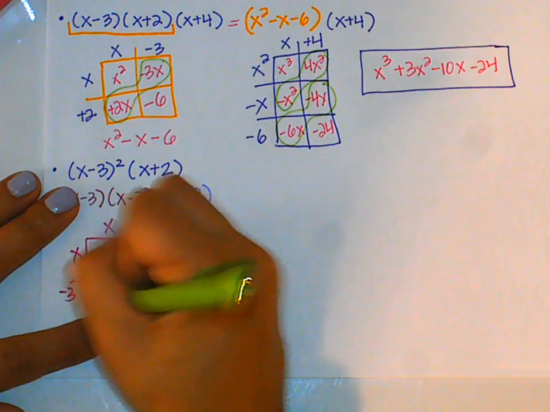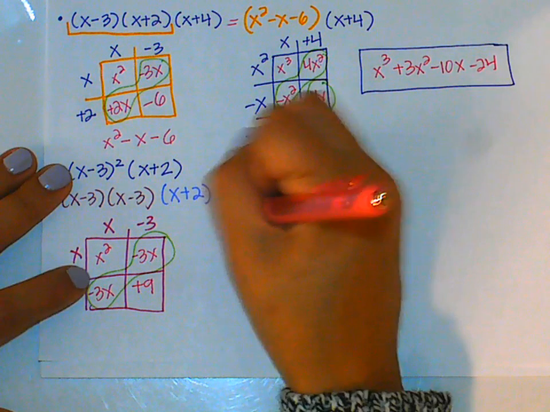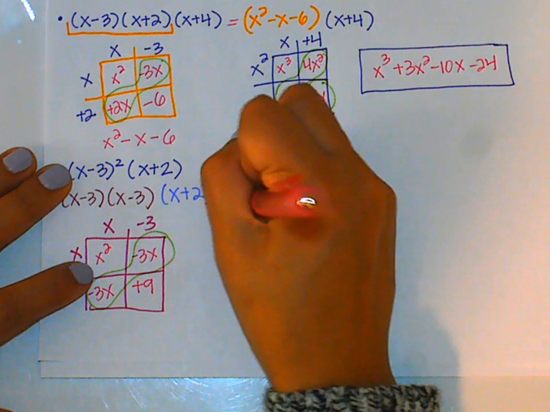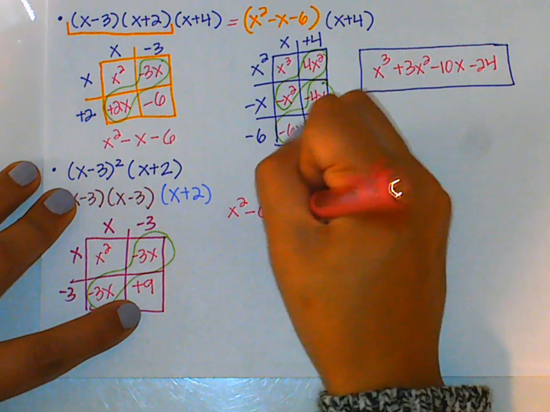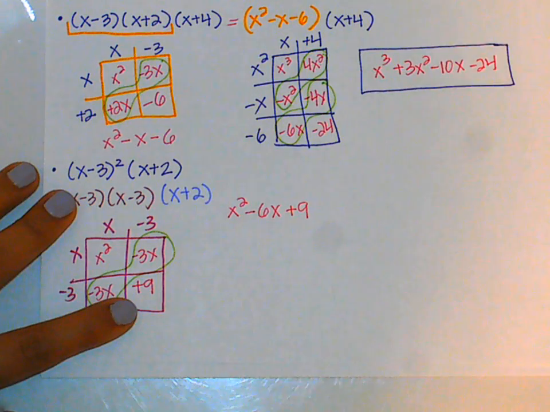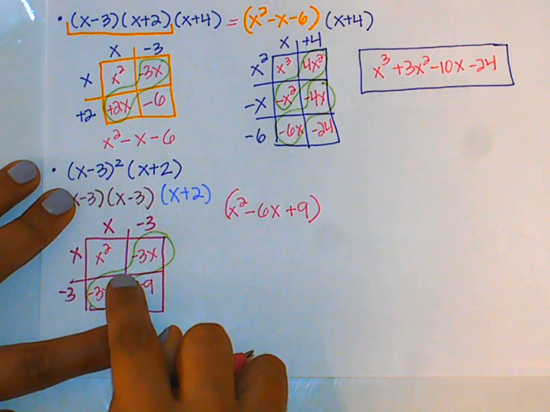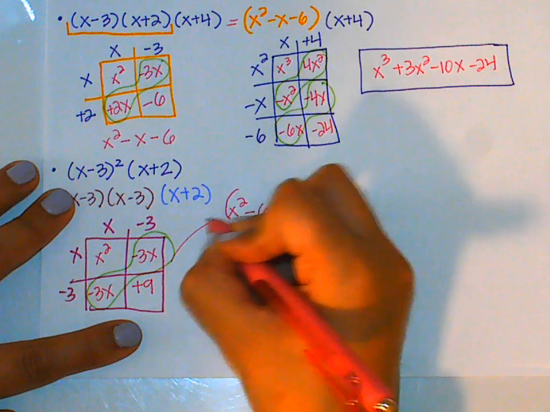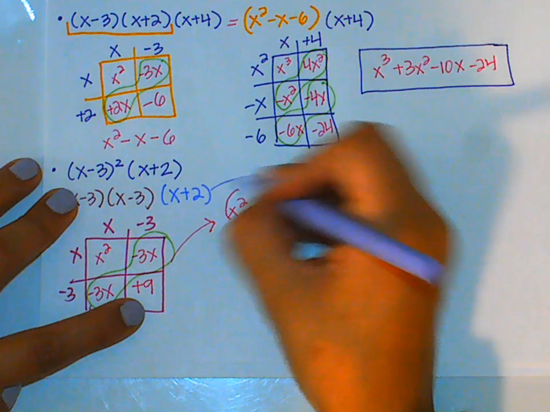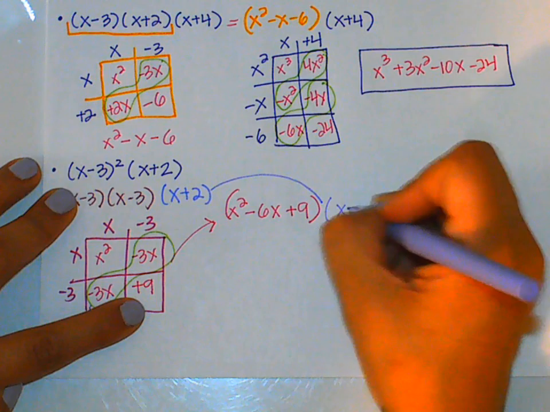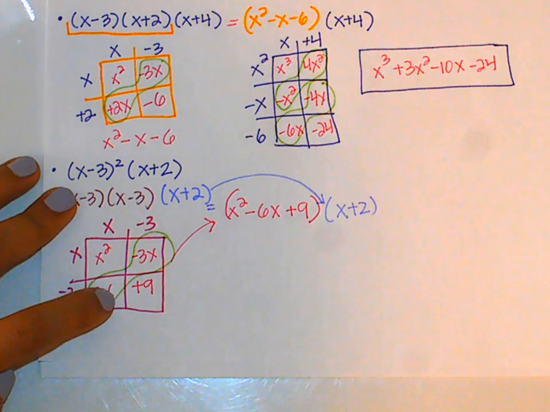Combine my like terms here, and I get x squared minus 6x plus 9. For this part, I'm just going to draw an arrow, but then I still need to bring this part over as x plus 2. So I'm going to set that equal right there.